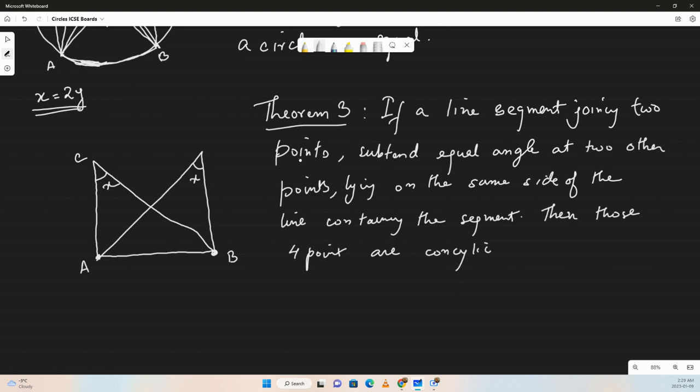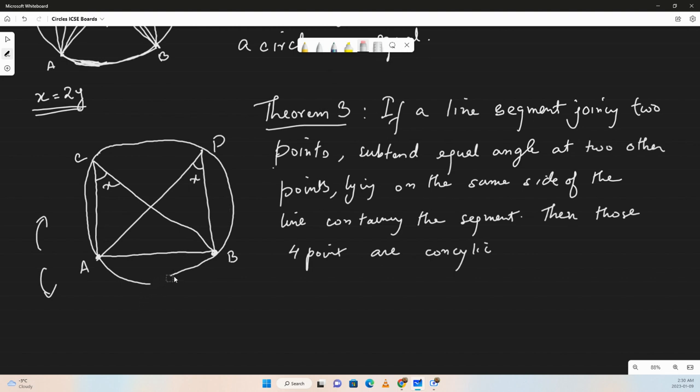So the line segment joining these 2 points subtends equal angle at two other points lying on the same side of the line, either on this side of AB or the other side of AB, right? But on the same side. Then those 4 points are concyclic. They're saying that these 4 points lie on one circle. So they are concyclic.